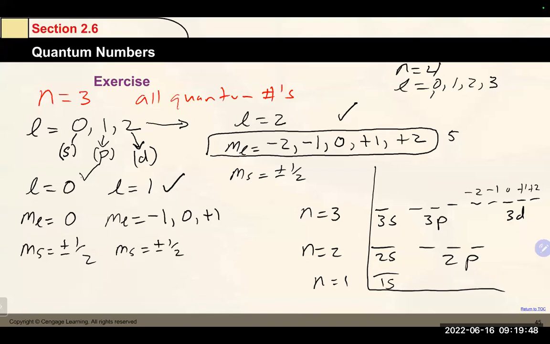Once again, that would be our s orbitals, our p orbitals, our d orbitals, and that would be our appearance of our f orbitals on the fourth energy level.